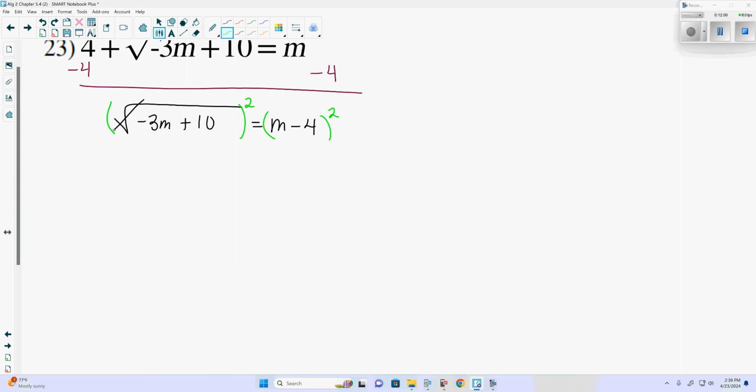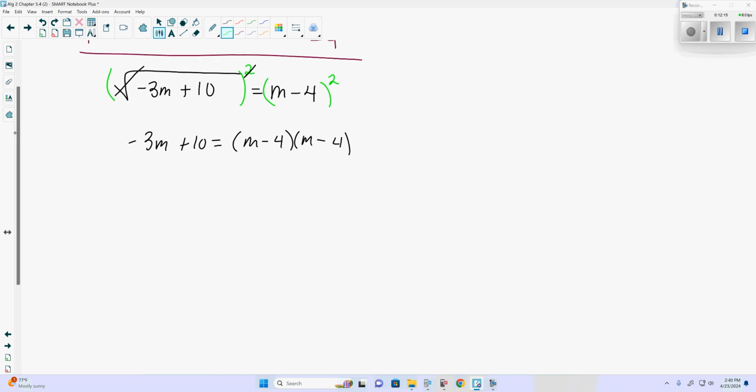Now the left-hand side is nice because the square root and square would cancel. Telling us 3m plus 10 is equal to, well, m minus 4 times m minus 4. Because it might be handy to rewrite that out just to make sure we get all of our terms.